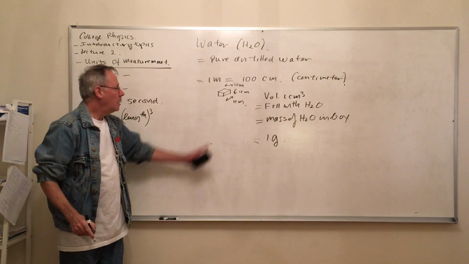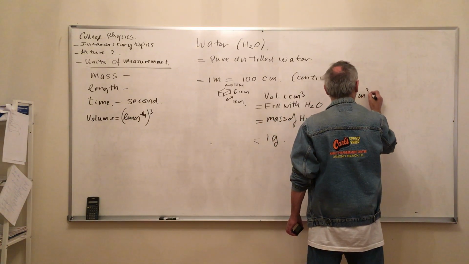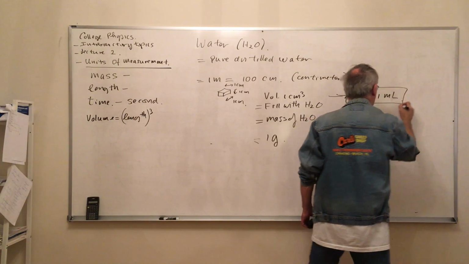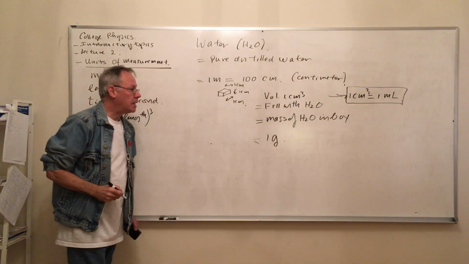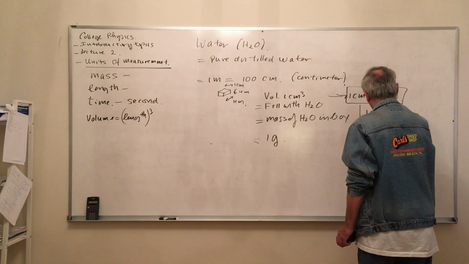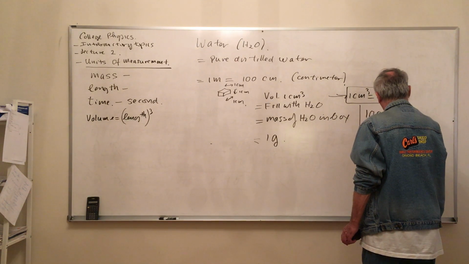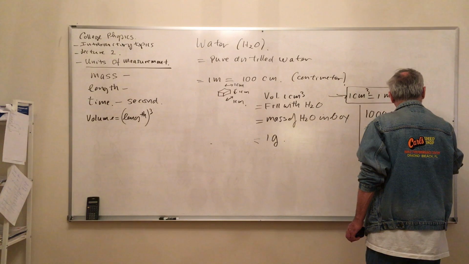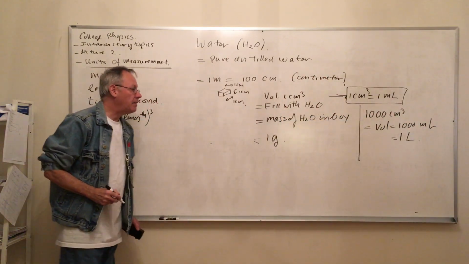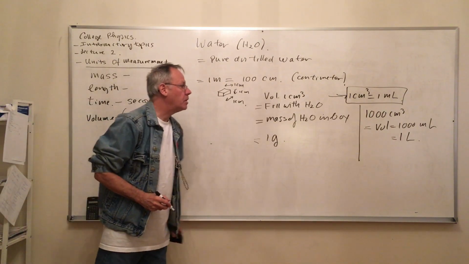Now, on the side, we'll take this little volume here and create a little volume unit with it. We'll call that little thing a milliliter. So therefore, 1,000 cubic centimeters has a volume of 1,000 milliliters, and that volume is 1 liter. So we've actually, on the side, gone over to our chemist's unit of volume.